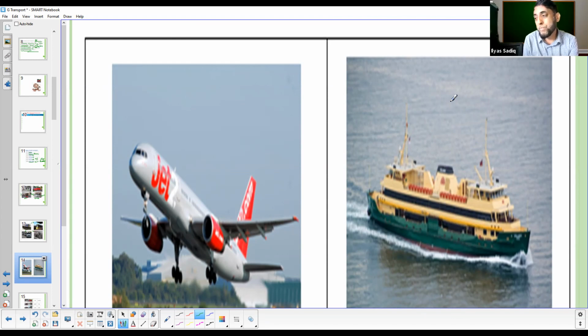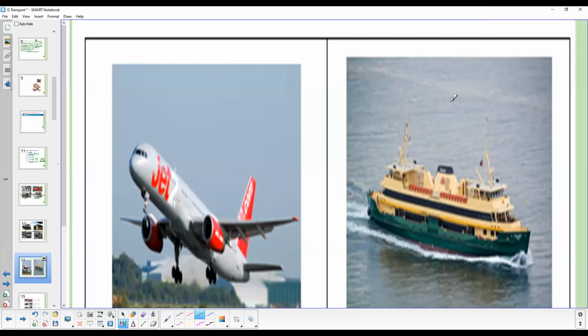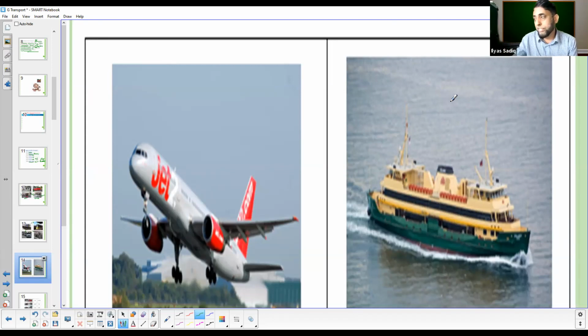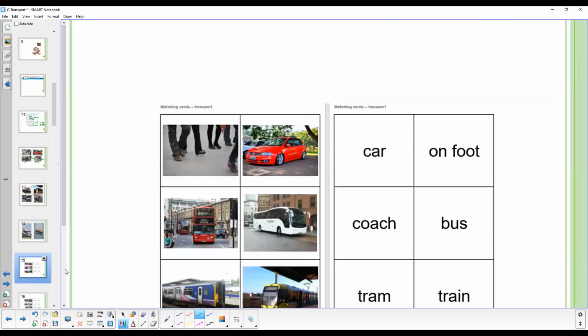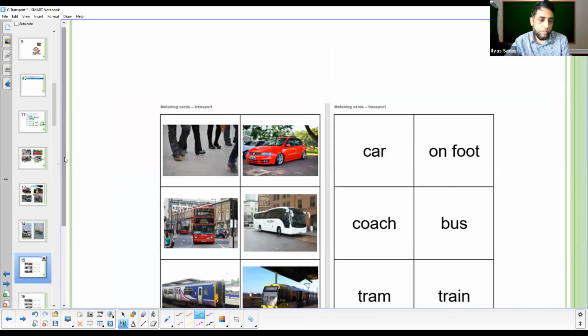It's not a ship either. A ship is called a ship when it carries goods for transportation. When it is used for people to travel, it's called a ferry, right? All right.